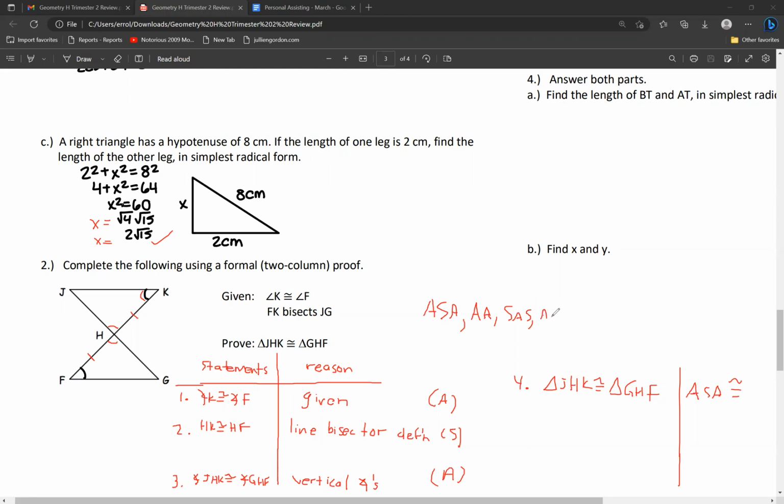Yes, those four. So it's got to be one of those. Anytime you get a question like this, make sure you're proving one of those four. All right. You got that? Take a picture of that or write that down.